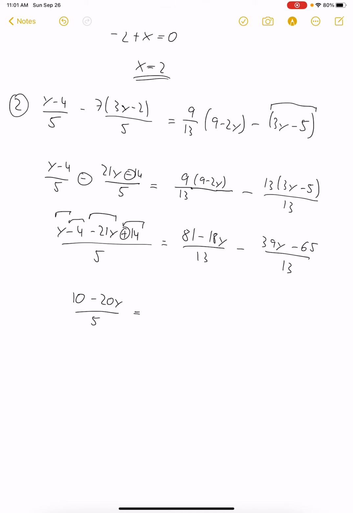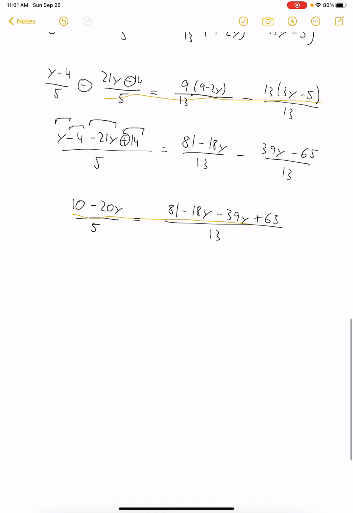And then what we get here is 81 minus 18y minus 39y. Then again, minus times minus is plus 65 over 13.